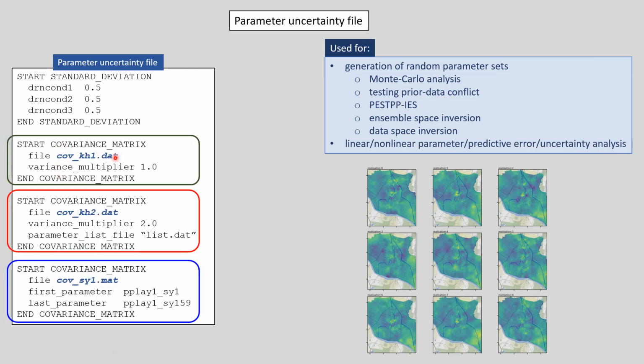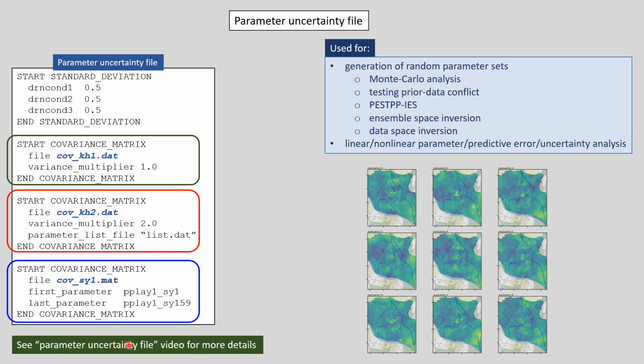So here's the name of one file, another and another, all covariance matrix files. Plus there is some information on how to link the elements of the covariance matrix to parameters that are contained in the parameter data section of the PEST control file. See the parameter uncertainty file video for more details.